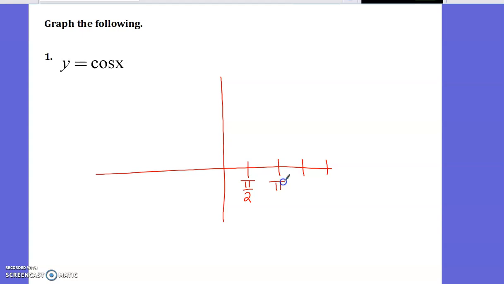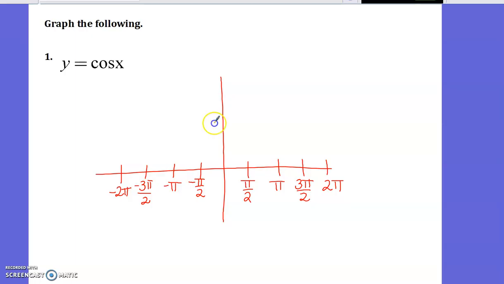So we counted by pi over 2's because remember we used those quadrantal angles to start. And then sometimes this x-axis will change depending on the transformation we're doing. But for the basic cosine graph, that's what the x-axis is going to look like.